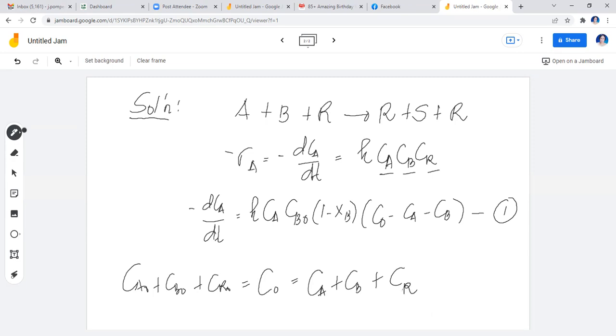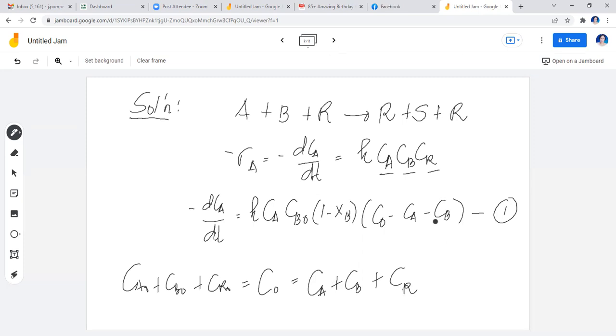Okay, it was covered in the slides. At any particular time, the sum of the concentrations, initial and final, should be equal. So this is what I have written here. Your C sub R is equal to C sub O minus C sub A minus C sub B. Now then, we have to find a manner of expressing C sub B in terms of C sub A. That way, your C sub R now will be totally expressed in terms of C sub O and C sub A only.